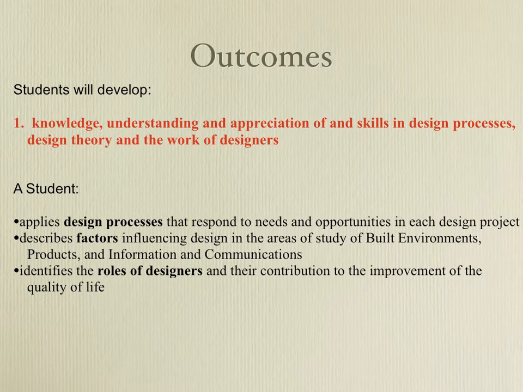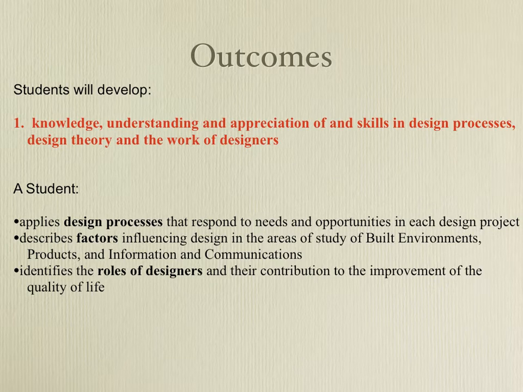And these slides that follow show us the 6 outcomes and the 6 objectives with their outcomes that link to that particular objective. So in this instance, we're talking about objective 1, knowledge, understanding and appreciation of skills in design processes, design theory and the work of designers.